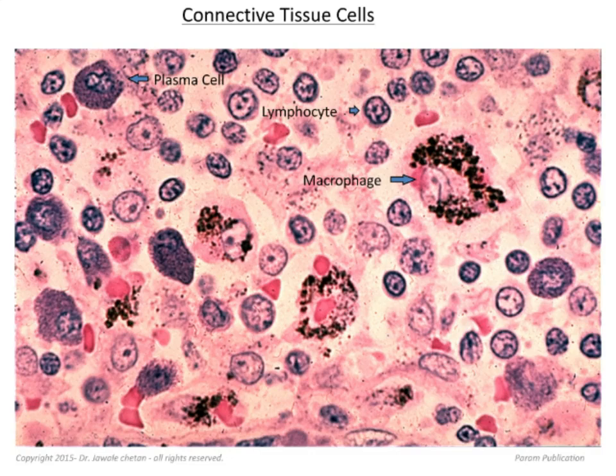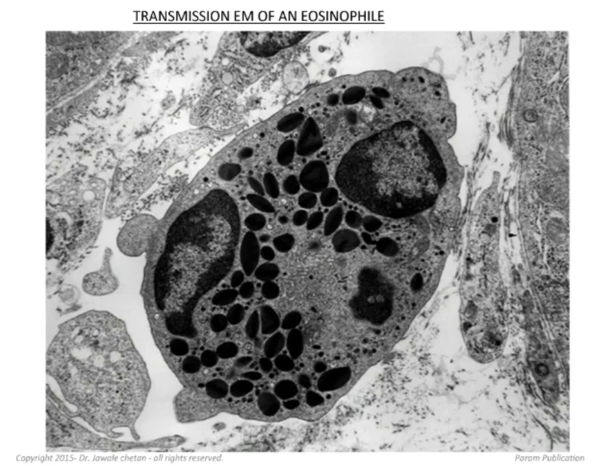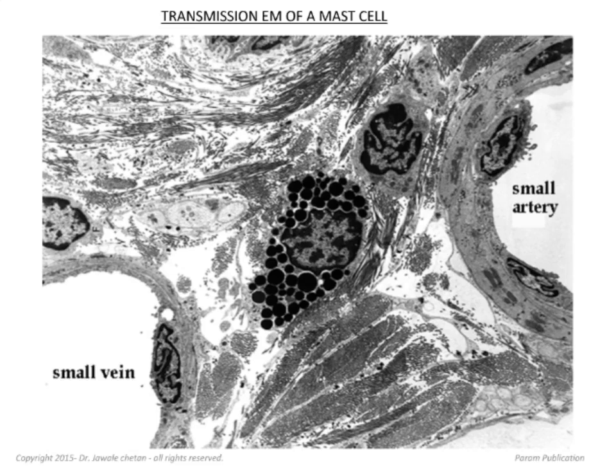So in this slide we see different types of connective tissue cells. Here is a plasma cell, here is a lymphocyte, a macrophage, this is an electron micrograph of an eosinophil, and this is again a micrograph of a mast cell.